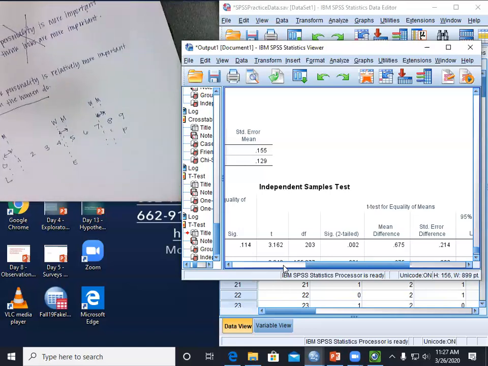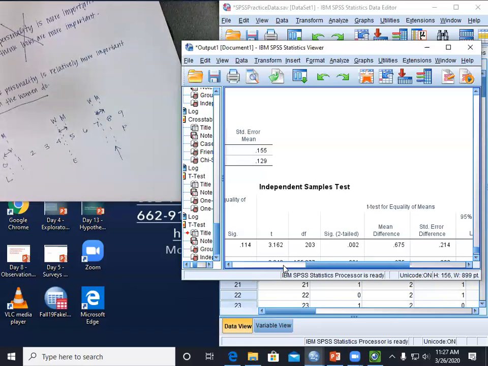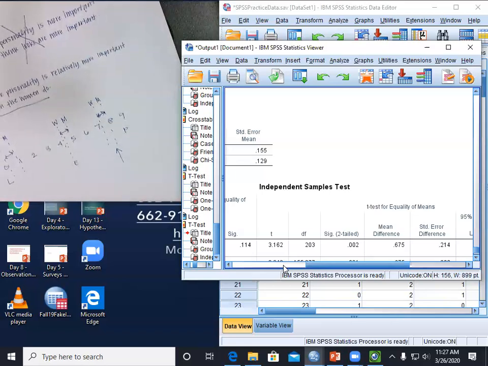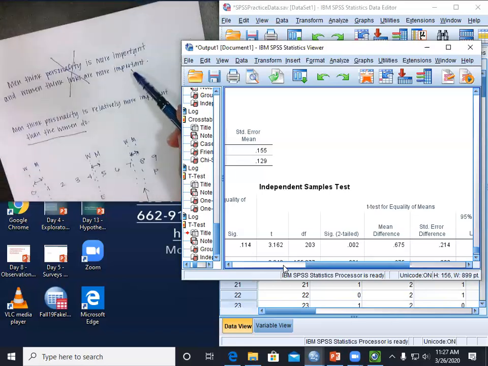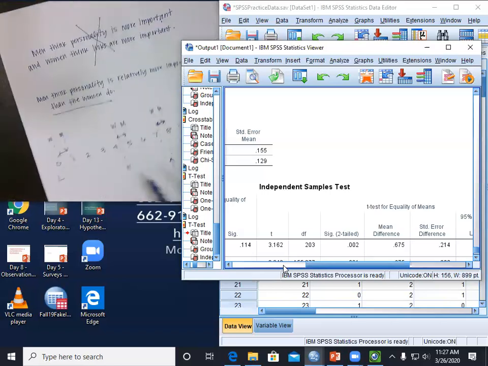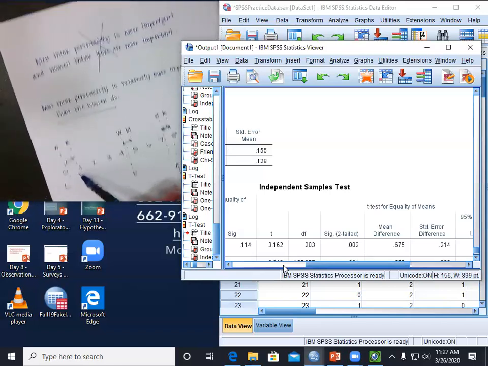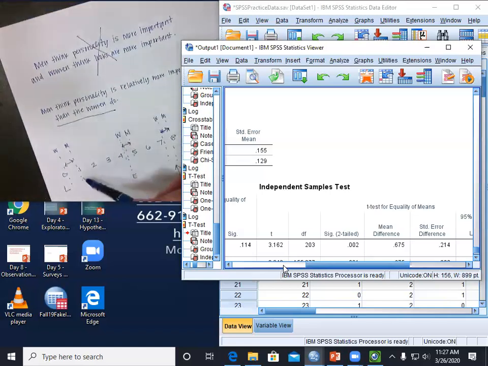However, for interpreting, this is important, because if we had seen these means in our sample, nobody would have tried to draw this conclusion. It would make no sense to say, well, the women have this really high mean, but they think that looks are more important. And if we had these means down here, nobody would have drawn this conclusion because it wouldn't make any sense to argue that these men think that personality is more important.